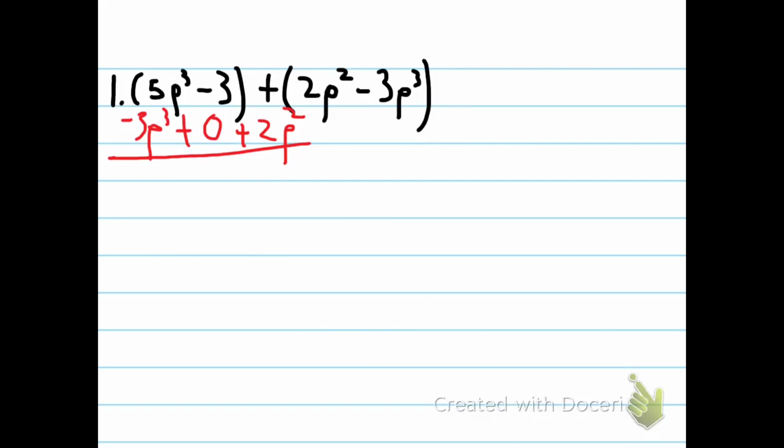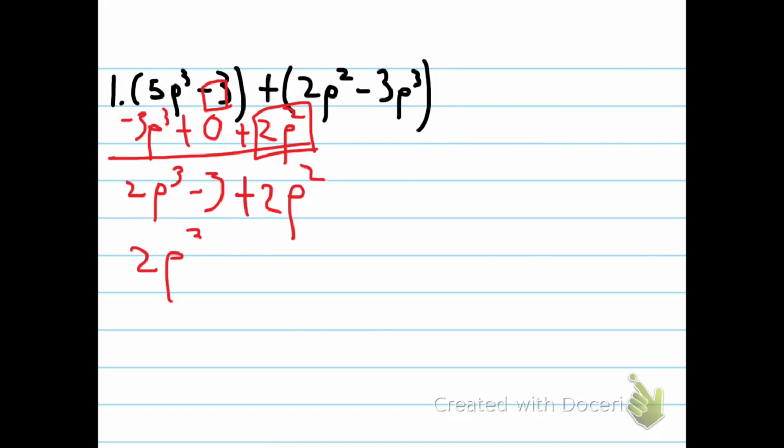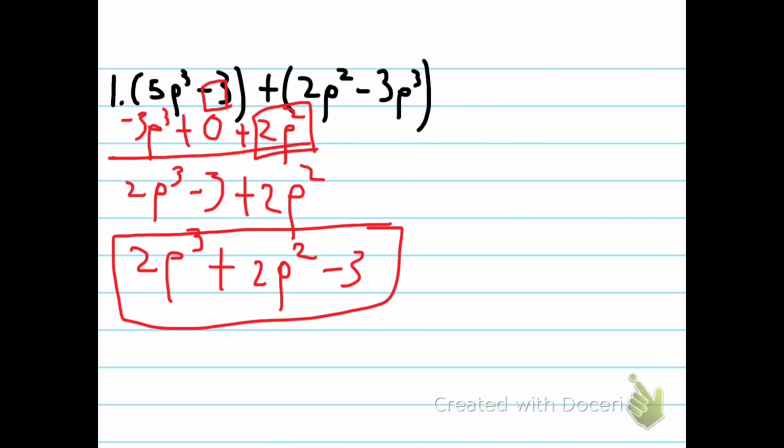So this would be 2, and then this term right here will be -3, and then there's just 2p squared left, so you add that. And then you would have to write it in decreasing order, so it would be like this. So either way you get the same answer, just do whichever way you're most comfortable with.